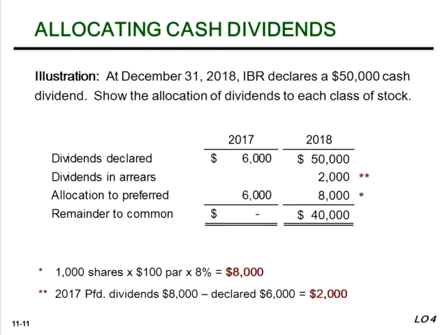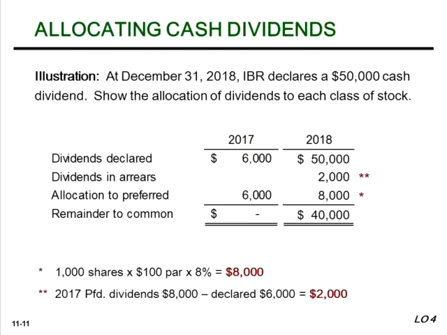Right, and here's the illustration right here. So at December 31st, 2018, IBR declares a $50,000 cash dividend. And we have the allocation of the dividends between common and preferred. So in 2018, a total of $50,000 in dividends have been declared. So now we have to look and see what goes to preferred.